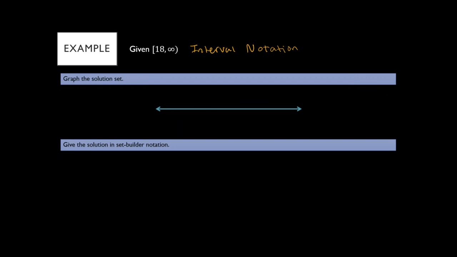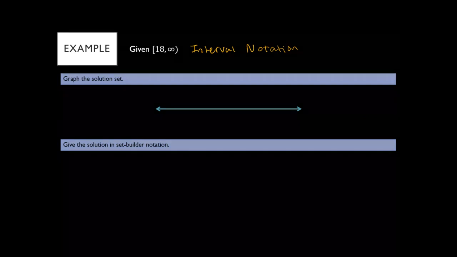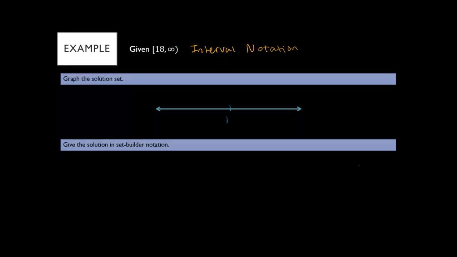So the graphing part is not hard. Actually, this is why I like interval notation, because it's really easy to go from graphing to interval and interval to graphing. We've got 18, so I just put 18 on my graph. I'm going to label my negative infinity and then positive infinity.